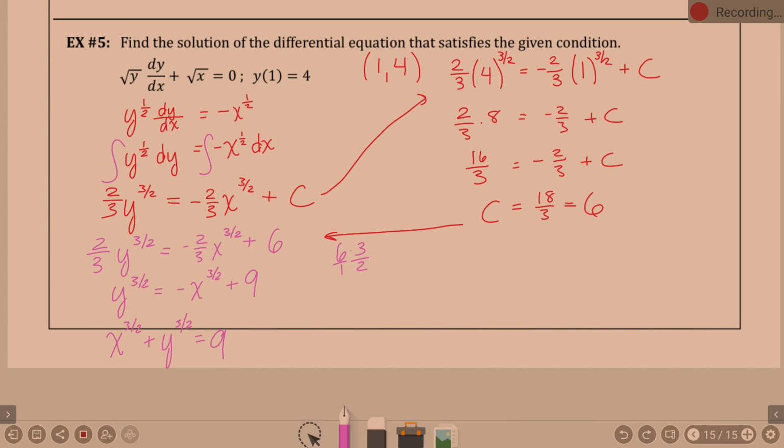Or instead of fraction exponents, for whatever reason, I have the square root of x to the 3rd plus the square root of y to the 3rd equals 9. I know, because then you could simplify that square root. I'm just showing you some options here, okay? There are lots of options, right? We did it!